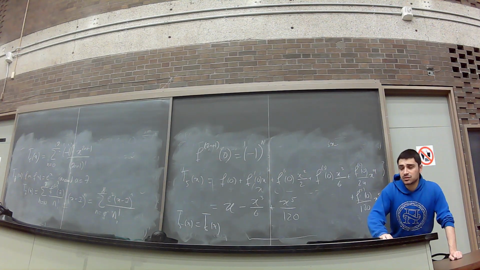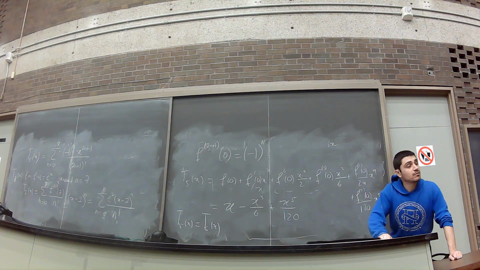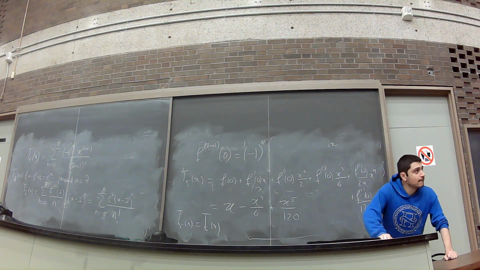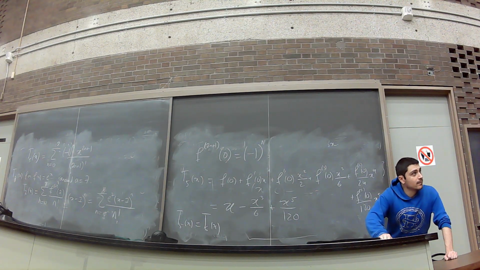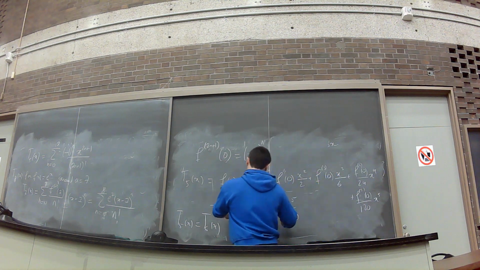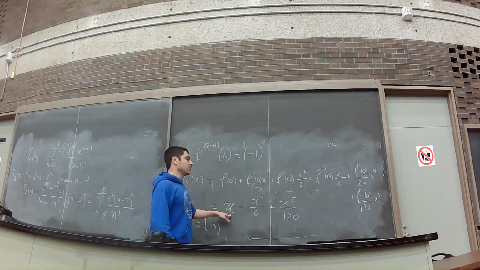Do one more? One more, or is it good? I think it's good. Okay, just have to take derivatives. Sorry if it's a bit fast, but we should now move on. Okay? So you agree this is the polynomial, right?